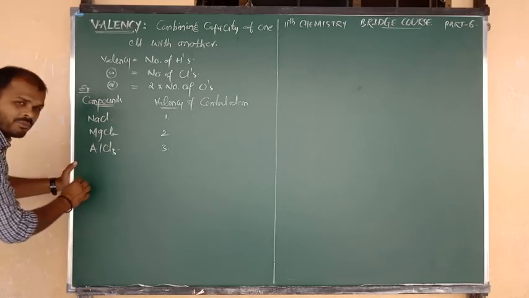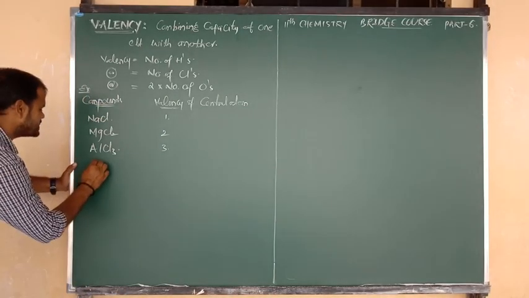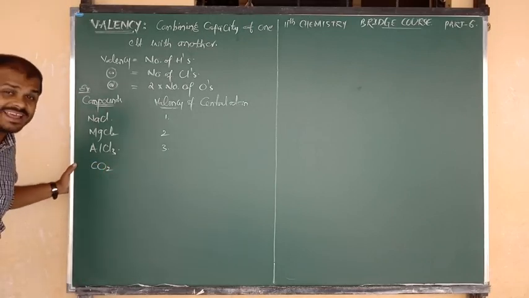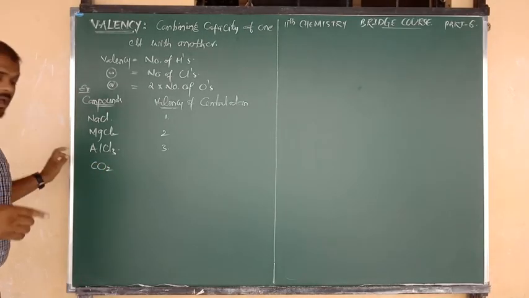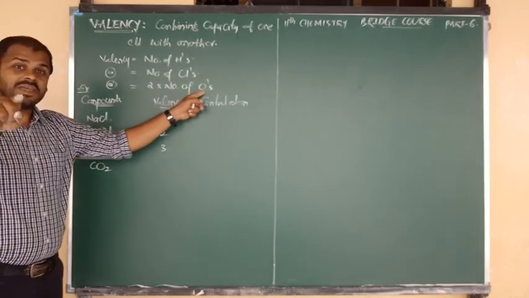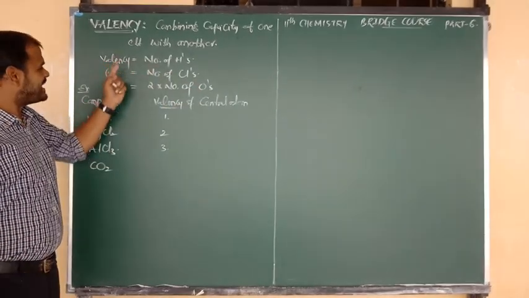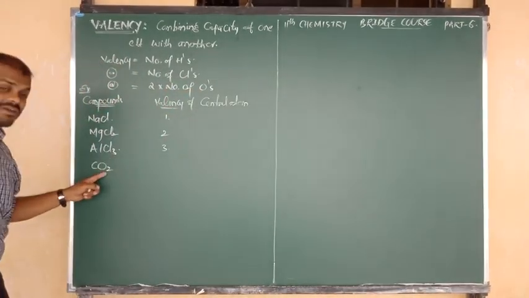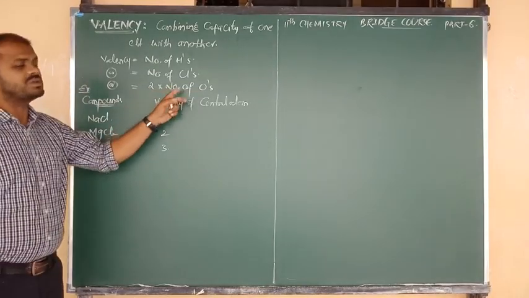Next, the CO2 molecule, carbon dioxide. The central atom is carbon. One carbon can combine with 2 oxygens, but in the case of oxygen we have a different formula: valency equals 2 into the number of oxygen atoms. How many oxygens are here? 2 oxygens. 2 twos are 4.